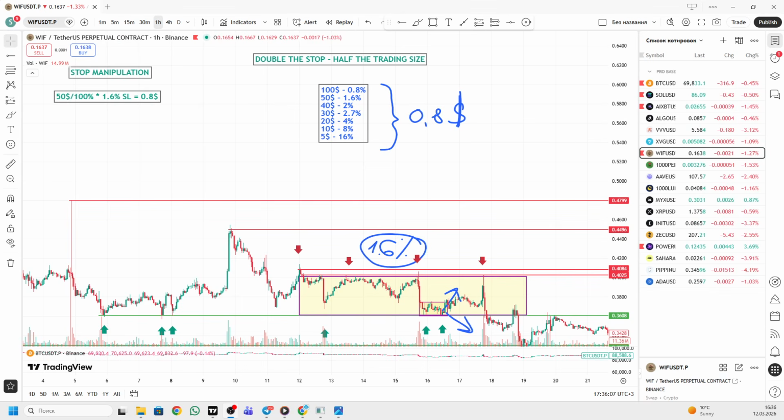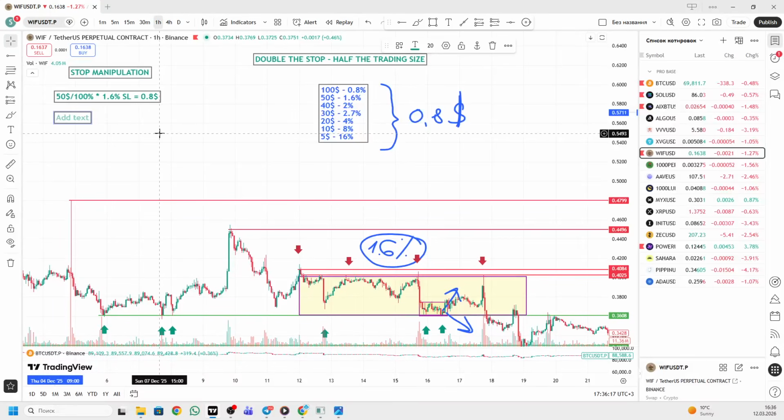So I want to show you one more example. Here we have $50. Let's say we want to enter with $10. What do we do? $10 we have to divide by 100% and multiply by 1.6%. That's the stop loss. And how much do we have here?